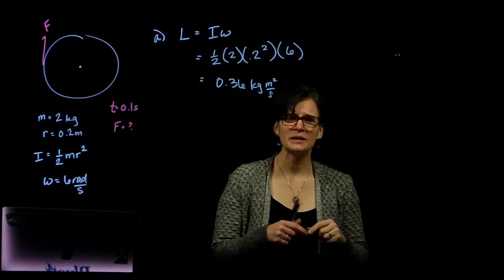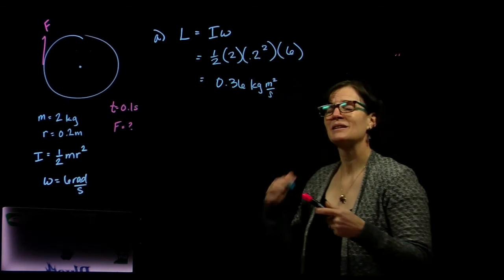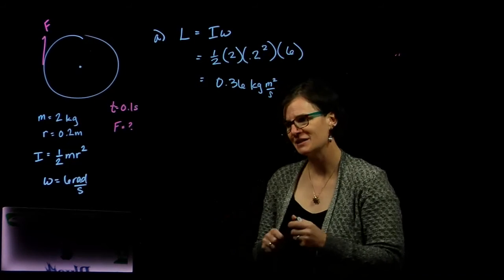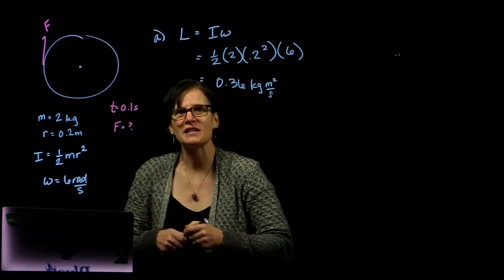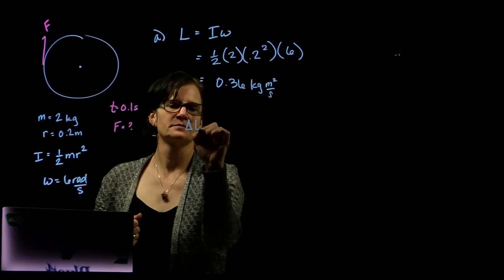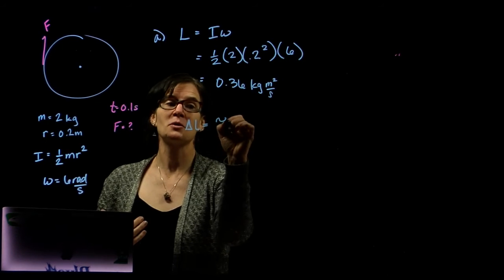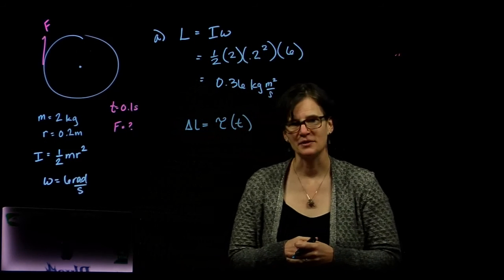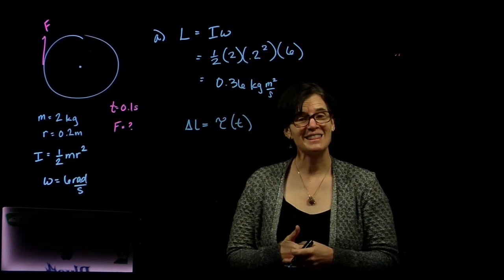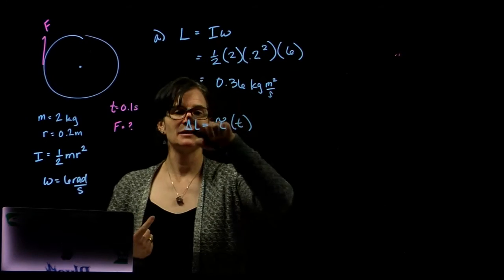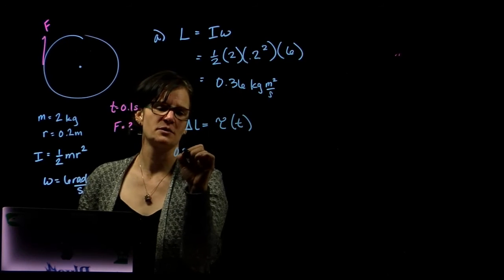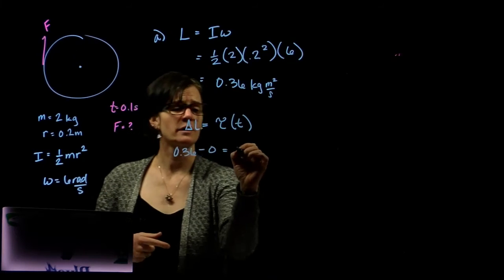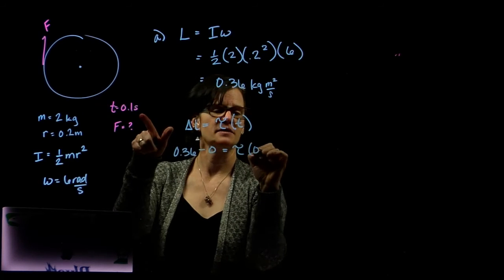We need to appreciate that an object's rotational momentum is a state that we can calculate, and that to change the object's rotational momentum, we have a torque times the time that that torque is applied. If the object started at rest, the change in momentum is what it got to, 0.36 minus the rest, 0, equals the torque times the time of 0.1.